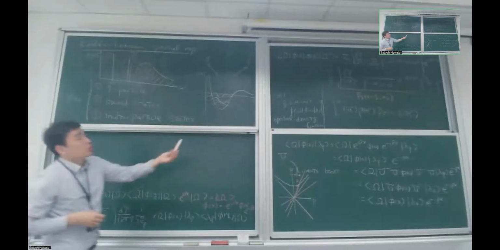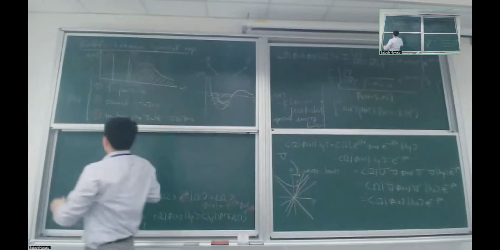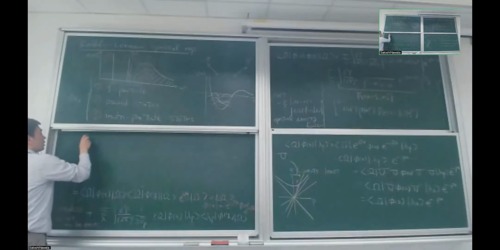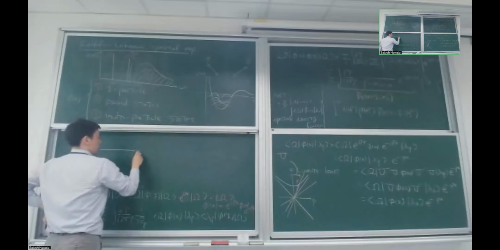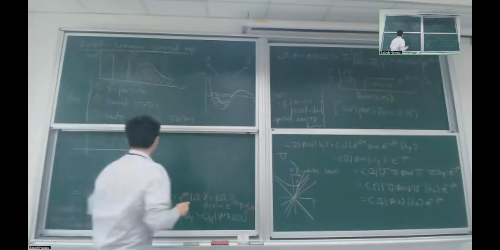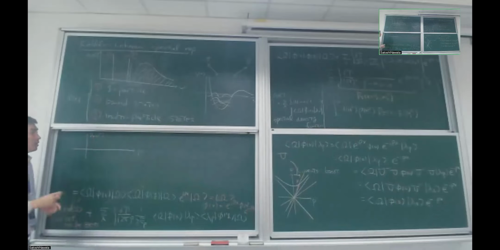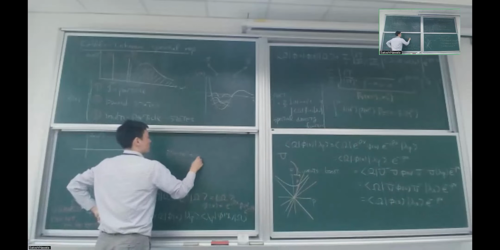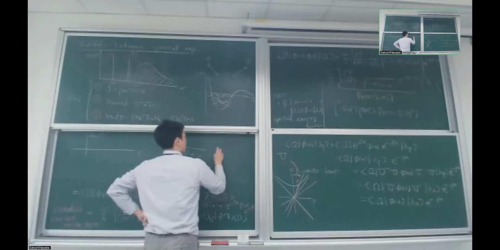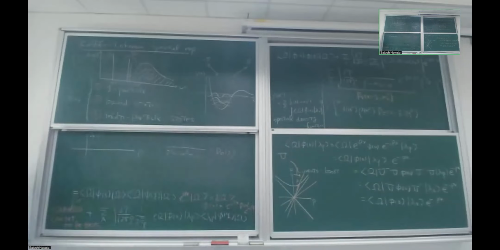And then moreover, if you look at the two-point function, or propagator, this is the P0. Usually, for single-particle states, the propagator takes this form, in momentum space.